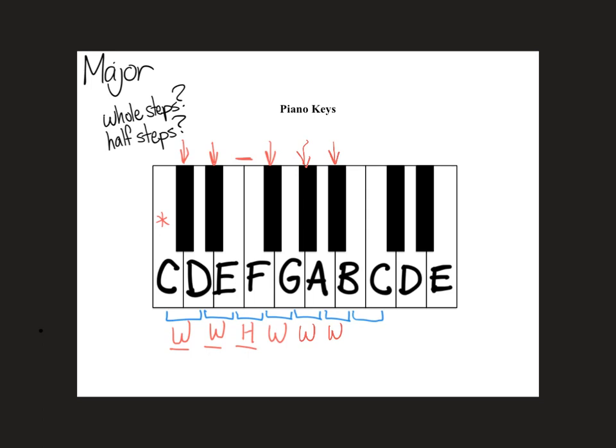Then our final interval is in between B and C. Again, there is no note in between B and C. So the last interval is a half step.